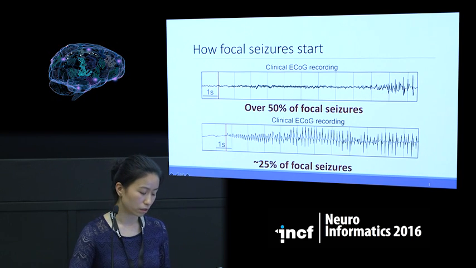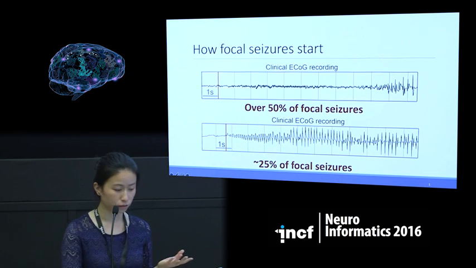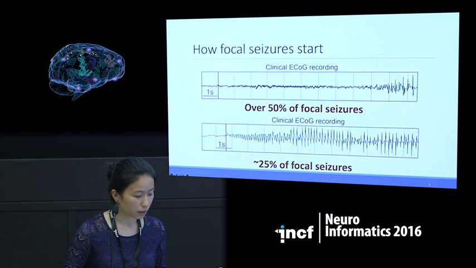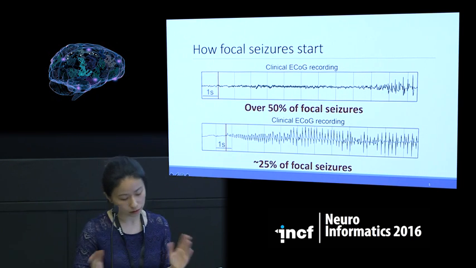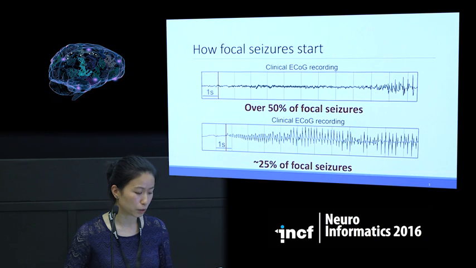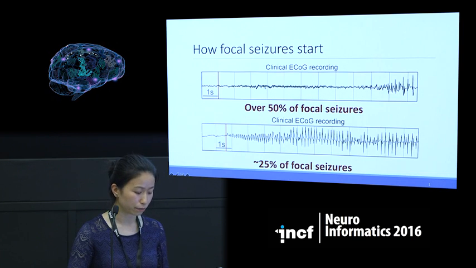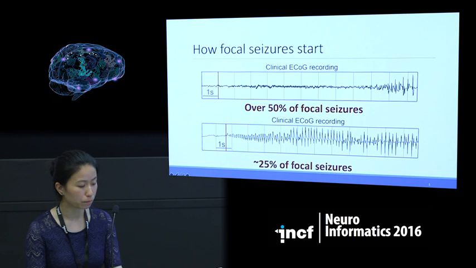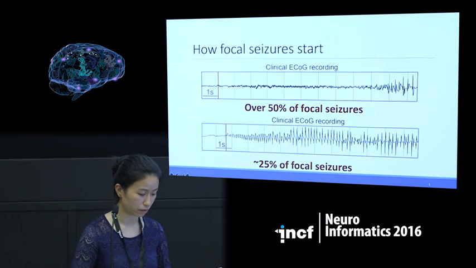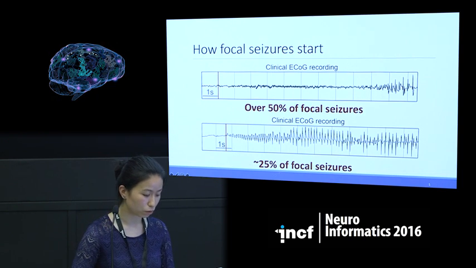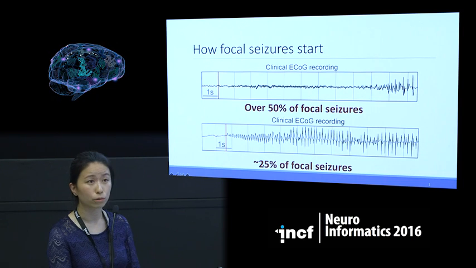Where people set the cutoff is dependent on the clinician, but usually people say over 10, 15 hertz is what you would call this low amplitude fast activity, and then this is usually in the range of below 8 hertz. And that happens in 25% of focal seizures.